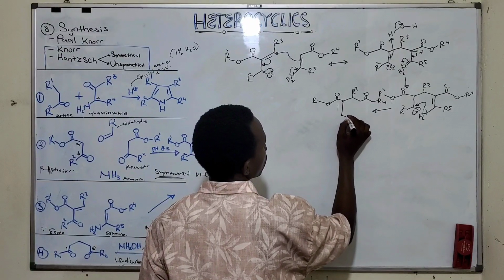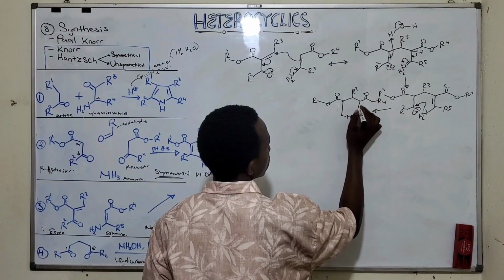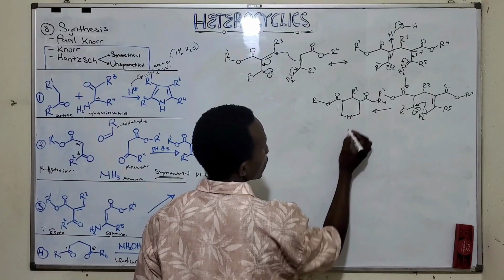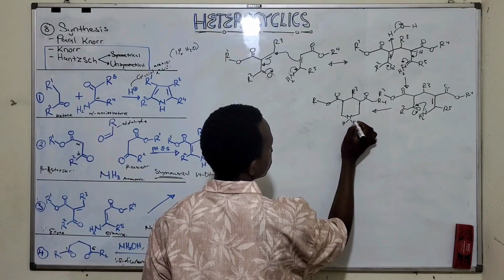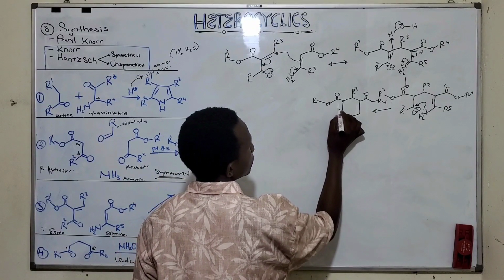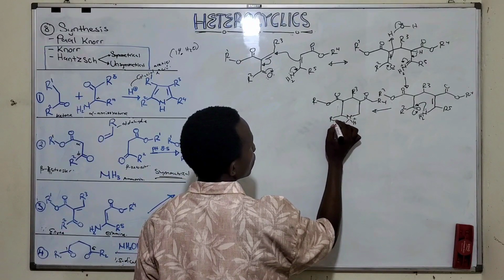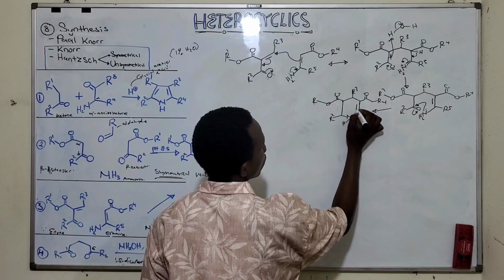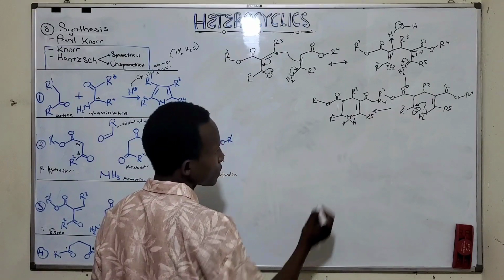Then nitrogen has crossed the ring, but it has two hydrogens, so it is positively charged. Here we have R2 and R5. We have a double bond here.